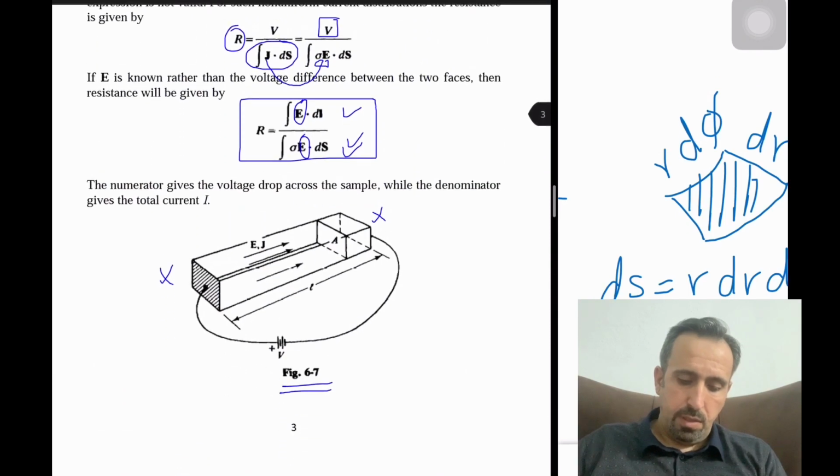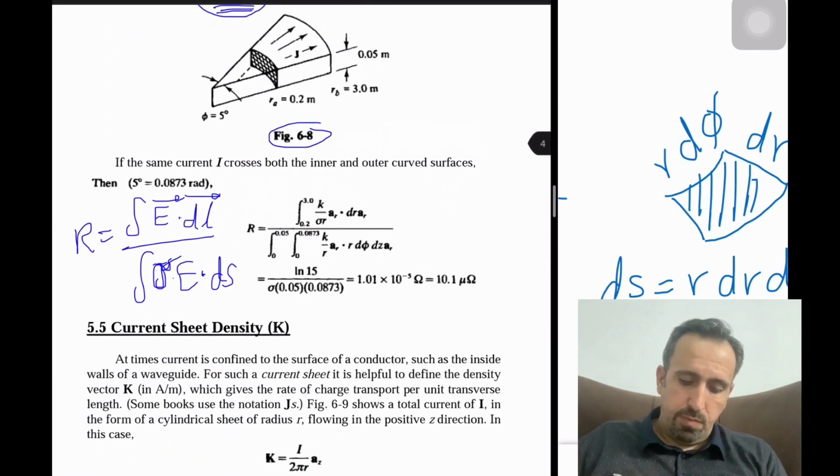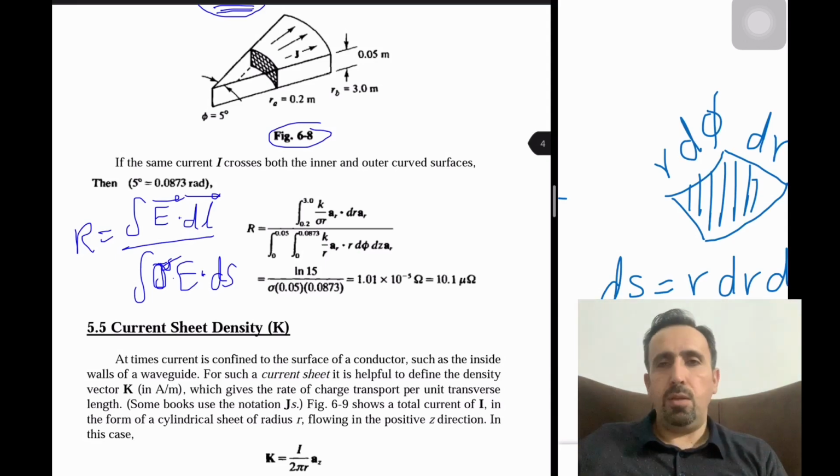As previously discussed, this is the formula. If you apply all of these things, taking into account the limits of integration, then you get a closed form for the result.